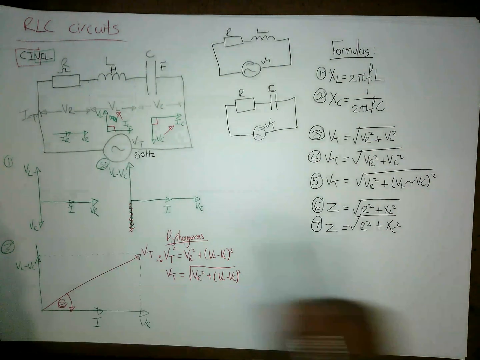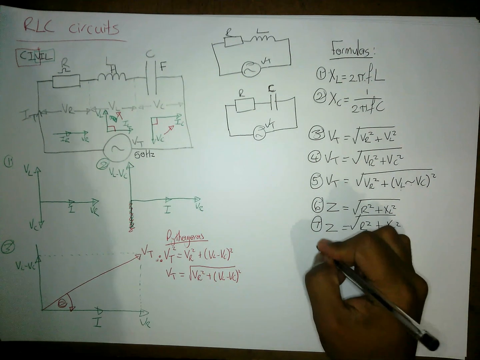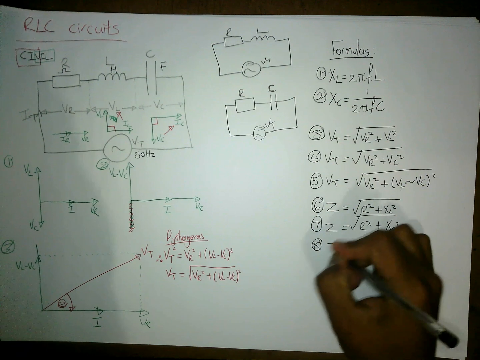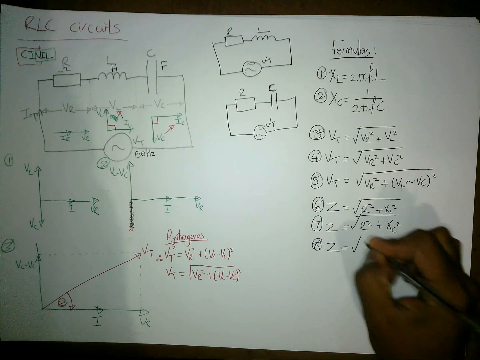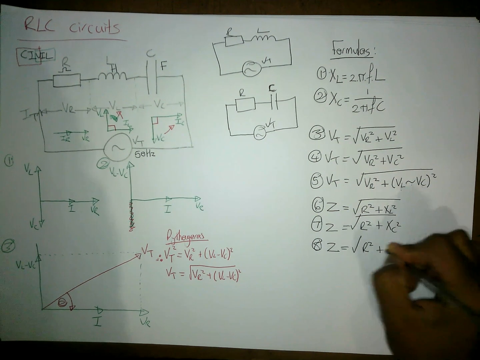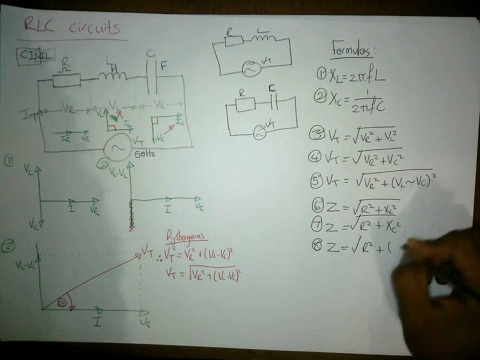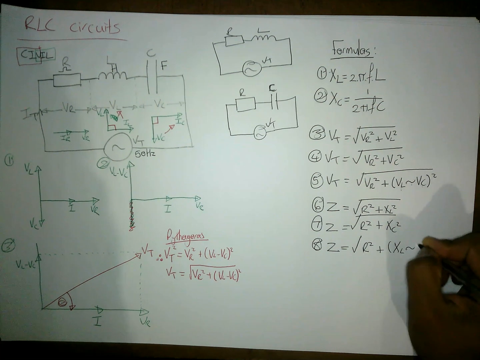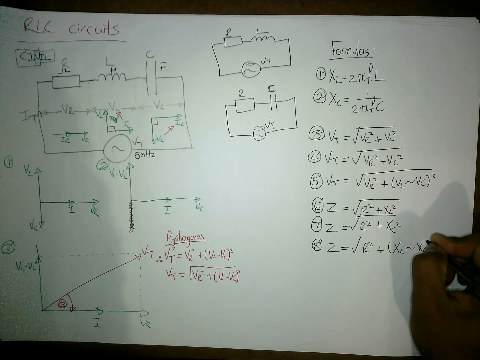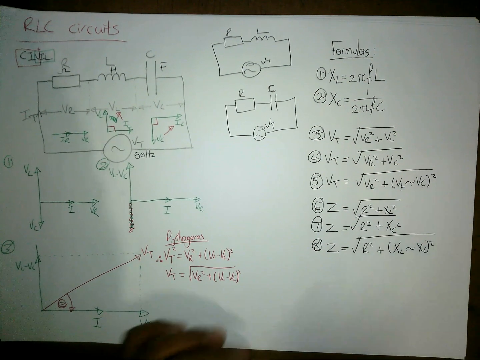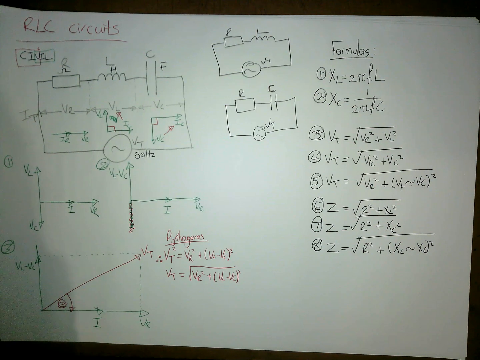For the big one, it's very similar to the voltage again. Z equals R squared plus XL minus XC squared. Right? Very, very similar. It's basically the same thing.